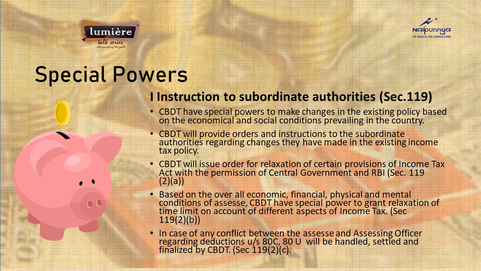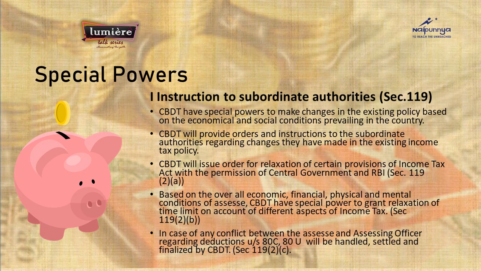Then the time limit will be extended for those assessees based upon section 119 subsection 2 clause B. And in case of any conflict between the assessee and the assessing officer regarding the deductions mentioned under the Income Tax Act, it will be settled and finalized by the CBDT, and for this the CBDT will instruct subordinate authorities to settle the case amicably under section 119 subsection 2 clause C. So these are the different instructions given to subordinate authorities as part of the special power of the CBDT.